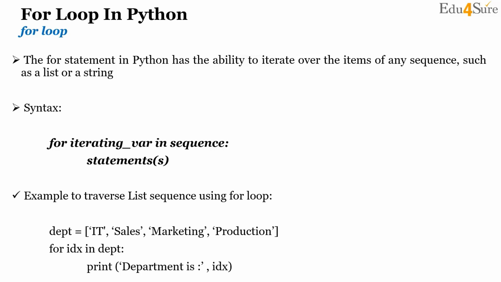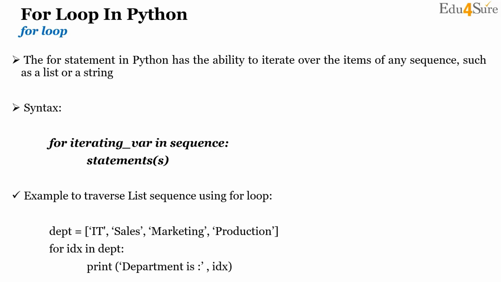For example, to traverse a list sequence using a for loop. Here we have a department list with the values such as IT, sales, marketing, and production. The for loop is given thereafter, marked by the for keyword. idx here is the iterating variable followed by the in keyword, then the sequence, that is the list department.